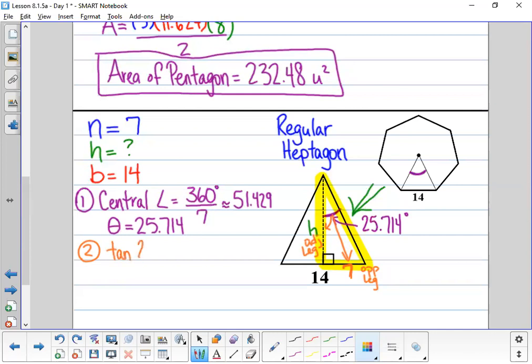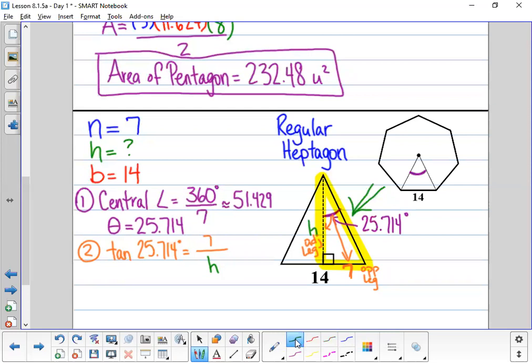The tangent of 25.714 degrees is equal to the opposite leg, which is 7, divided by the adjacent leg, which is my variable h. When your variable is in the denominator for these trig ratio problems, I showed you guys the math behind it, how you can multiply both sides by h, divide both sides by the tangent of your reference angle.